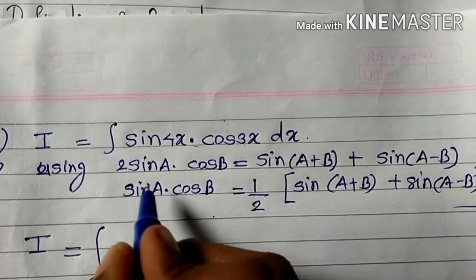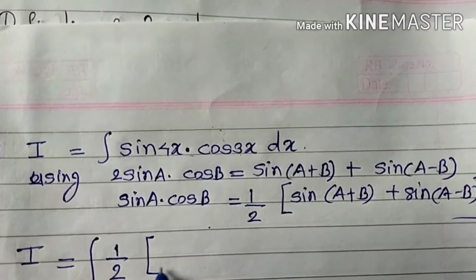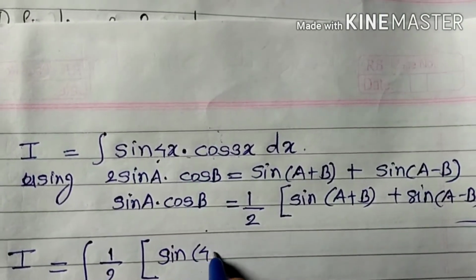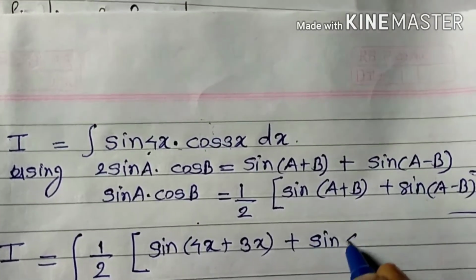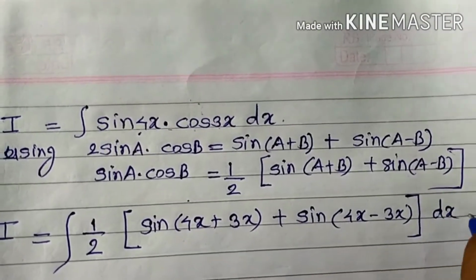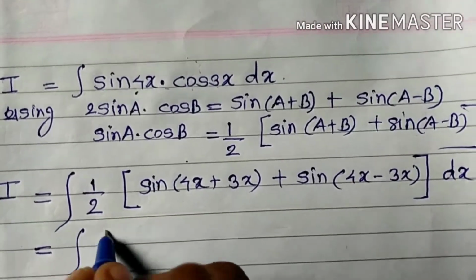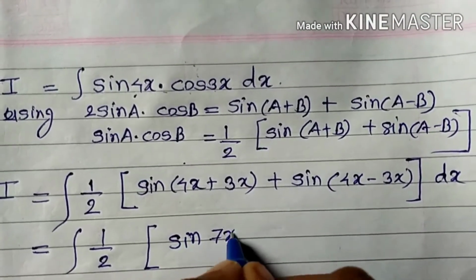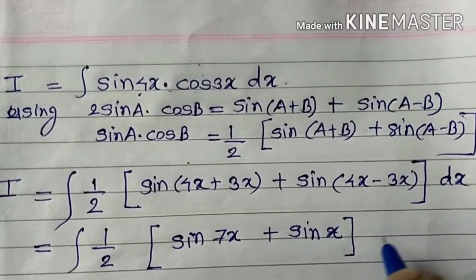So the integration of 1 by 2, sin A plus B, where A is 4x and B is 3x. So sin 4x plus 3x plus sin 4x minus 3x into dx. Now it will become the integration of 1 by 2, sin 7x plus sin x dx.